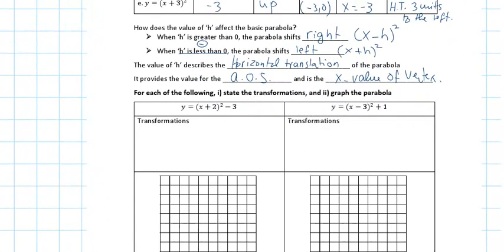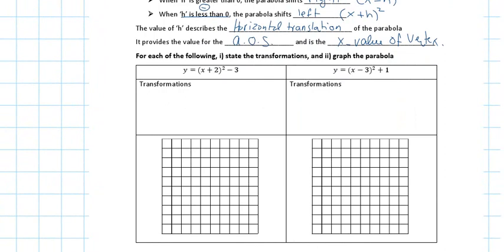So in this case, what do you see in the first example? What kind of transformation do you see? 1, 2, 3, multiple? You see 2? Okay, what are they? What letter do they represent?